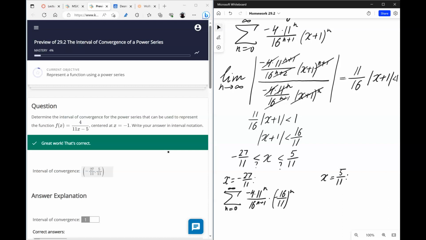So here the 11's are gone, the 16's are gone, so we only have negative 4 times negative 1 to the power n over 16, and this diverges by the divergence test.